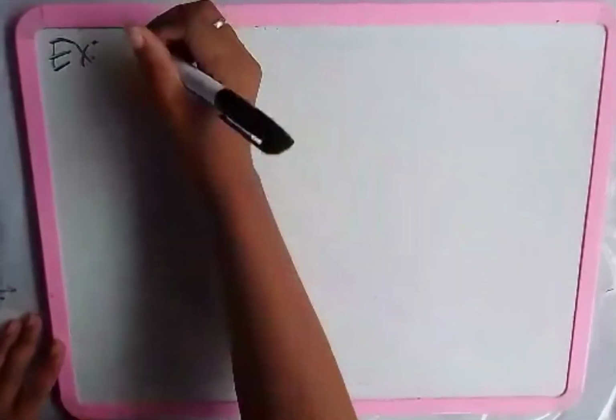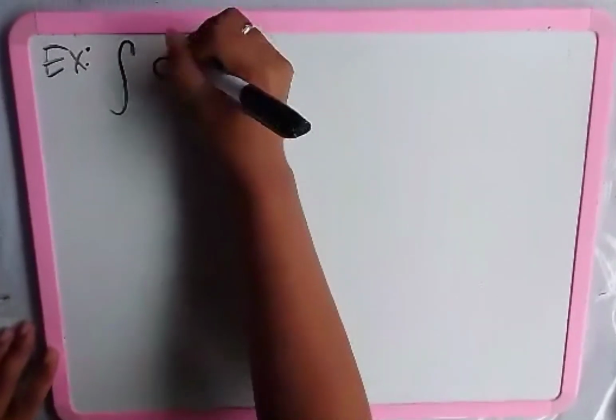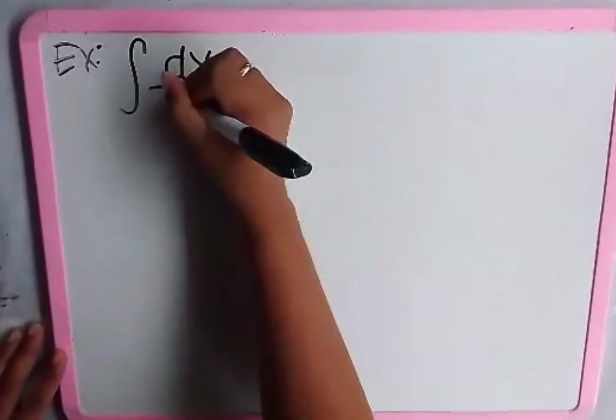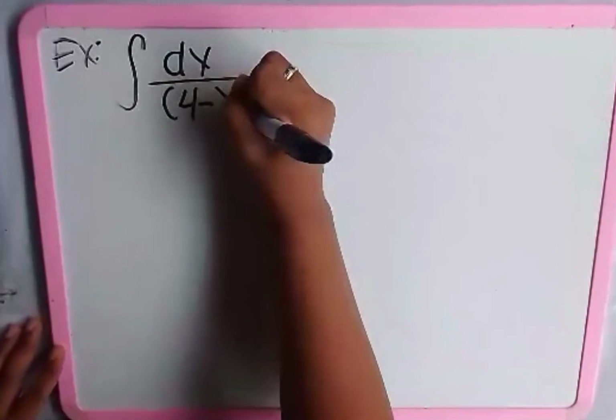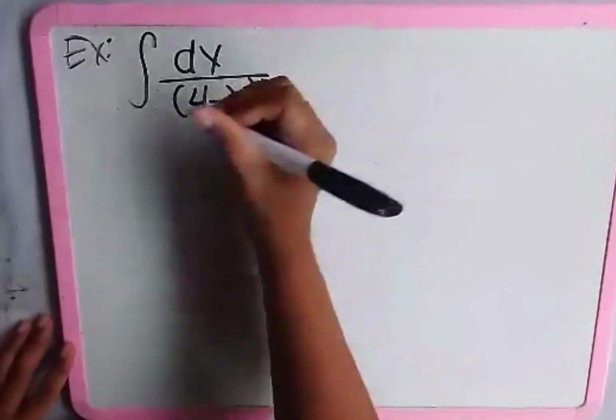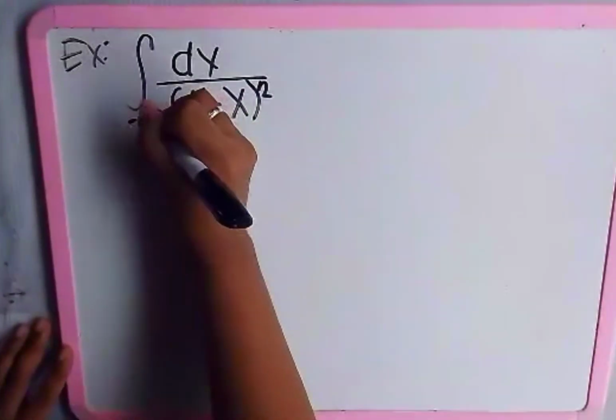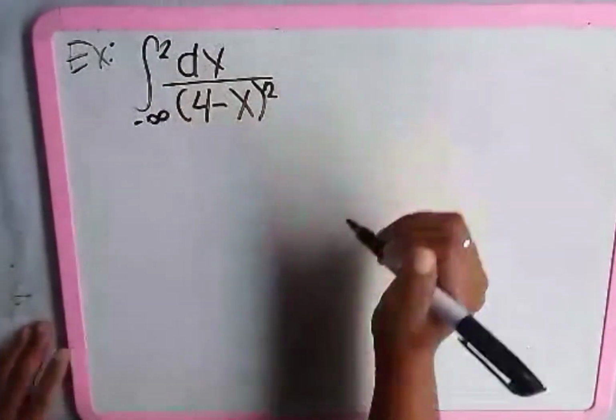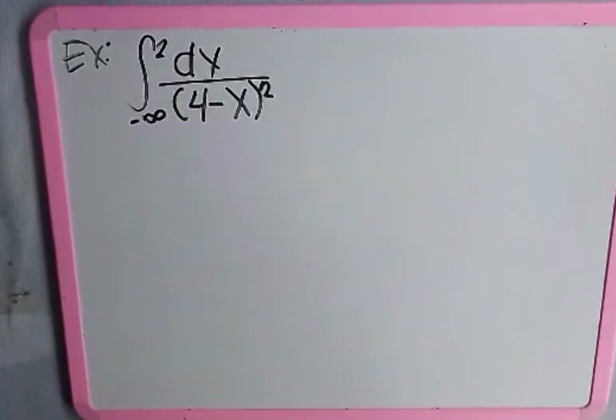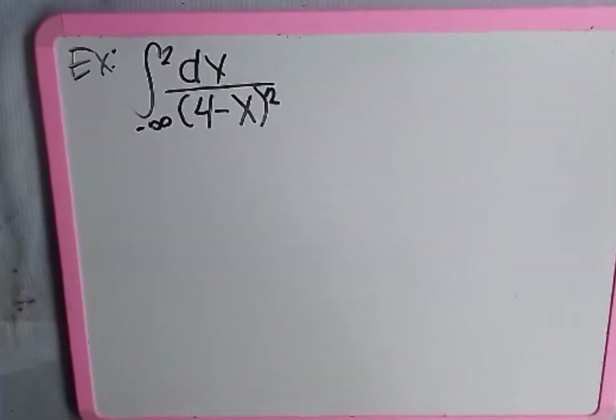Example, evaluate the integral of dx over the quantity 4 minus x squared from negative infinity to 2. So, the first thing we do is convert the integral to a limit.